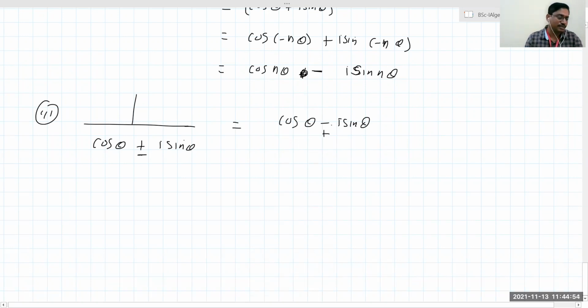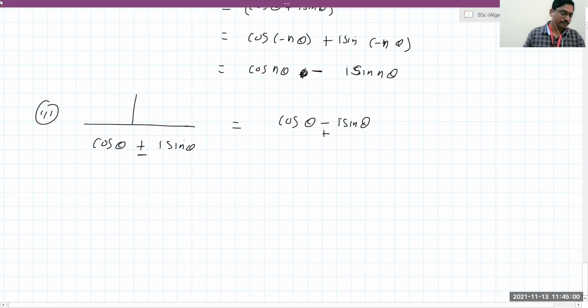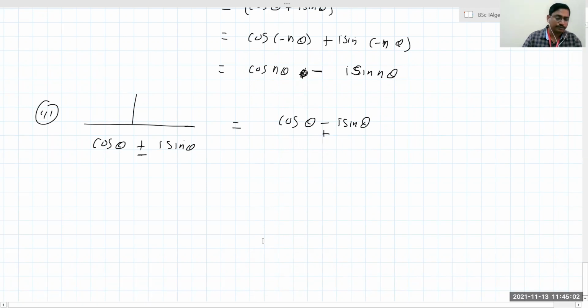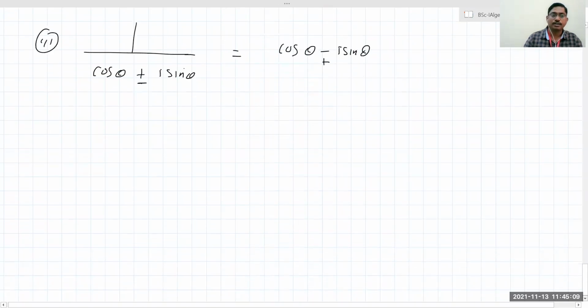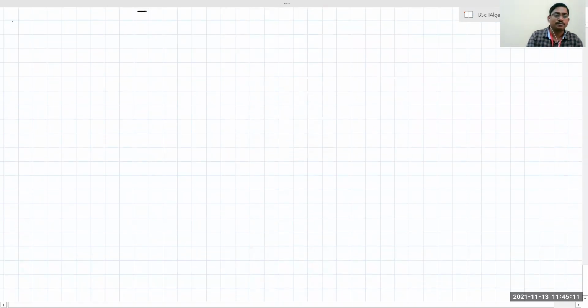So keep those things in mind. There are questions you should take care of. The real part has to be cos and the imaginary part has to be sine.